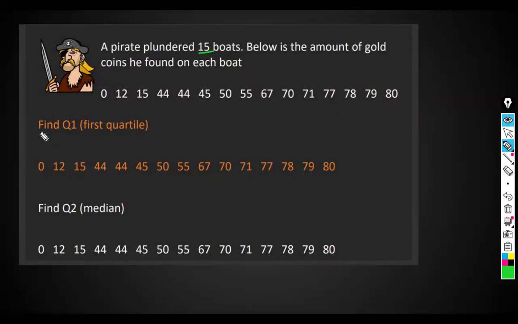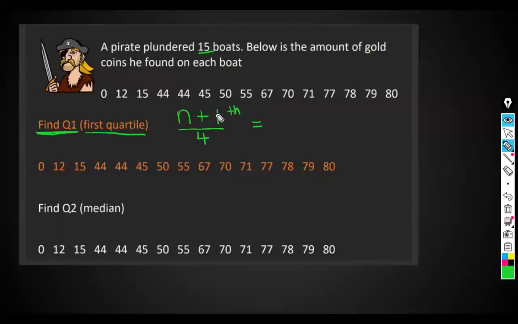I'm going to show you how to find something called Q1 now. Q1, its official name is first quartile. To find Q1 or first quartile, it looks like the median formula. You say n plus 1, but instead of dividing by 2, you divide by 4 and put a TH.